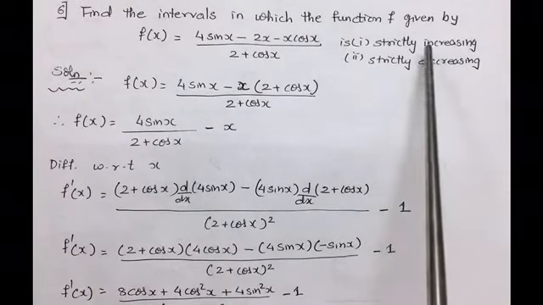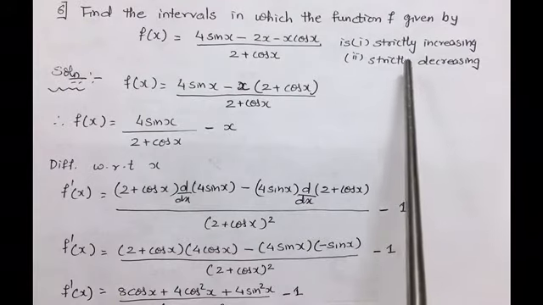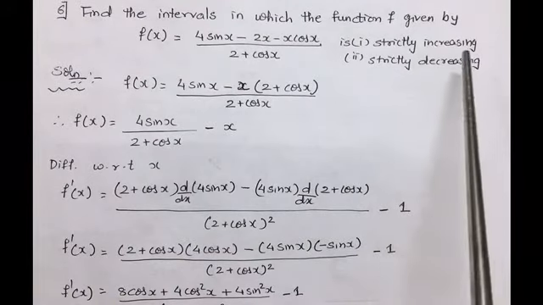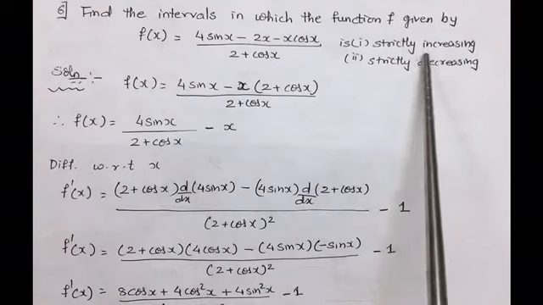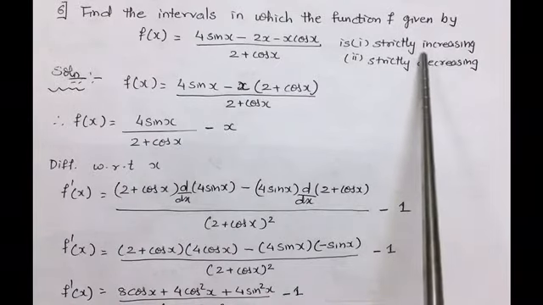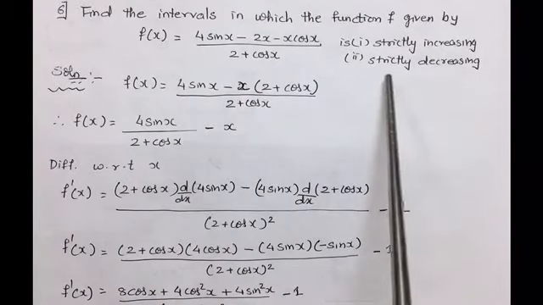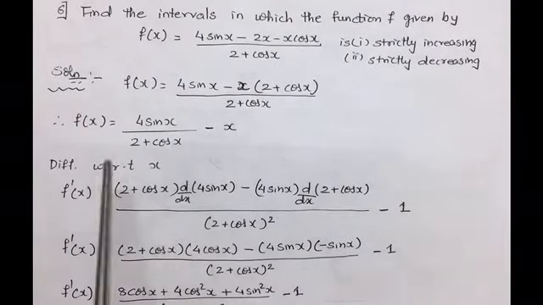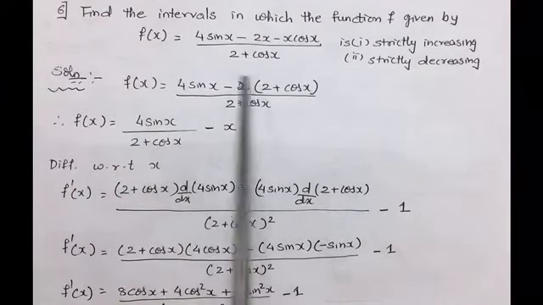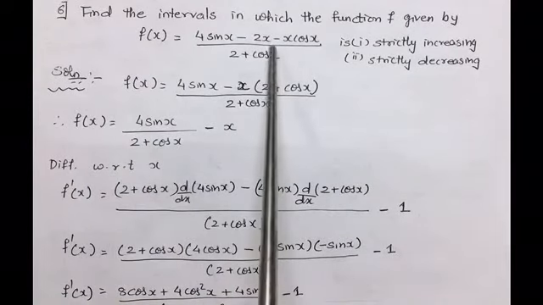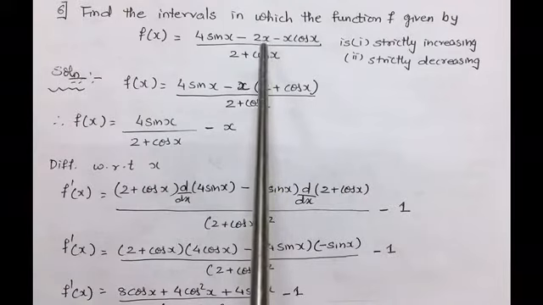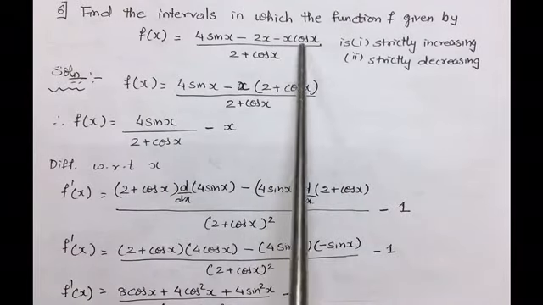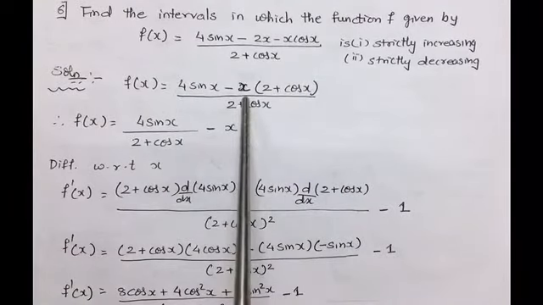Now to calculate increasing and decreasing, we have to check the first derivative. If it is greater than 0, then the function is increasing. If the first derivative is less than 0, it is decreasing. Taking up the function f(x), the very first step is from -2x and -x cos x, taking out x common.